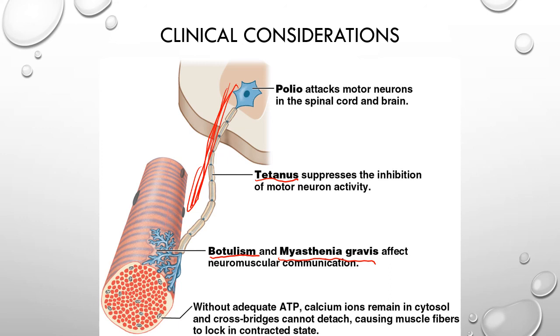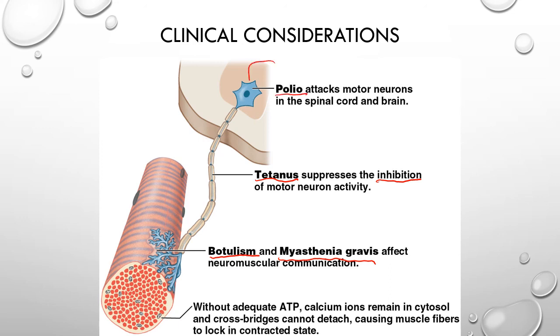Tetanus is just the opposite in that it turns off muscle inhibition. So muscles get tighter and tighter and more contracted as that toxin continues to be in the bloodstream. From there we have things like polio.